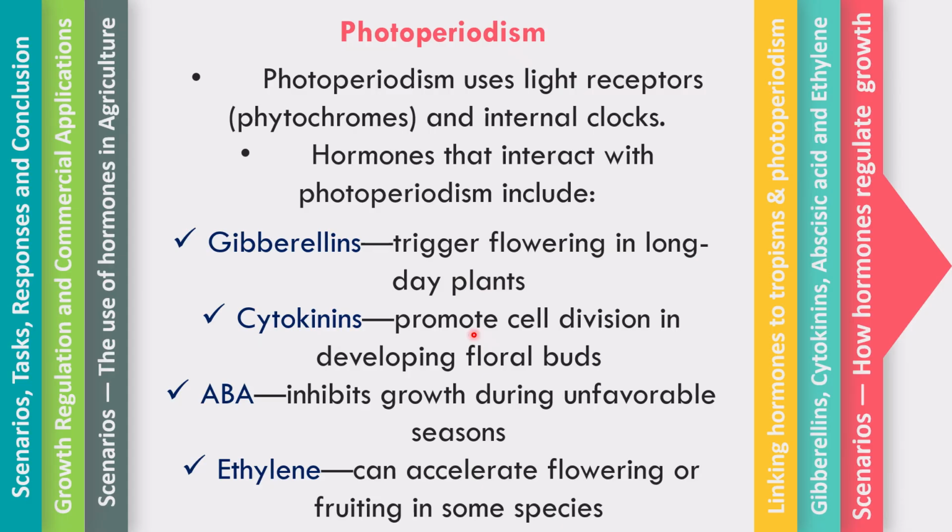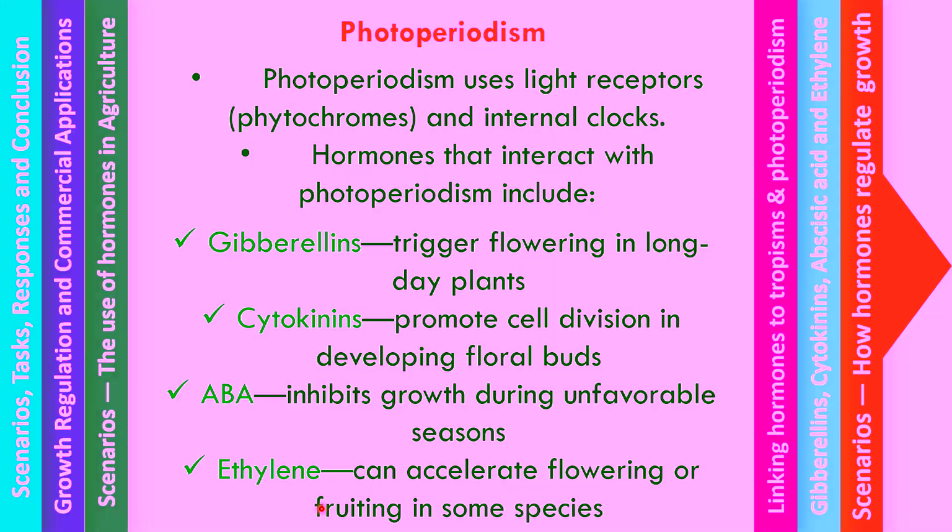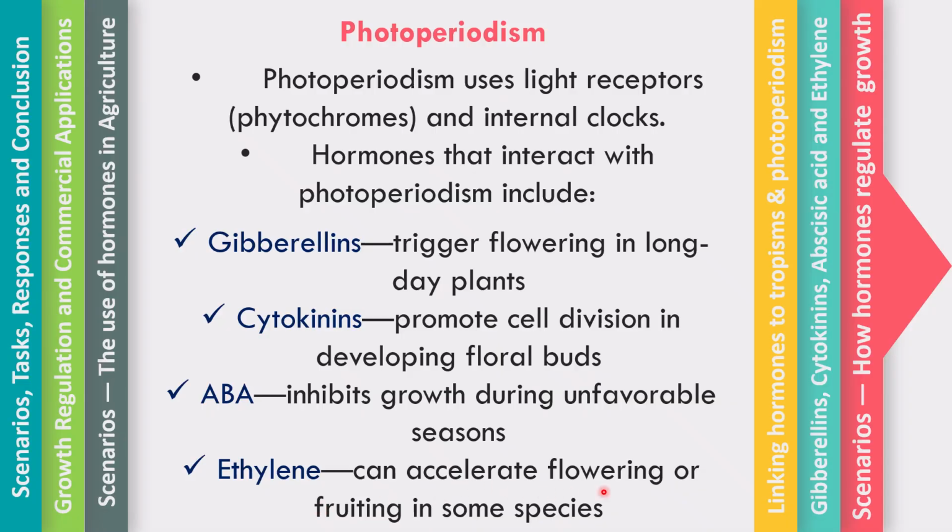Cytokinins promote cell division in developing floral buds. Abscisic acid inhibits growth during unfavorable seasons. Ethylene can accelerate flowering or fruiting in some species.